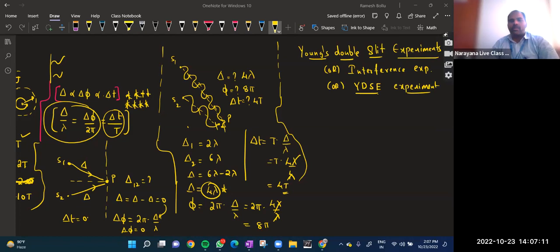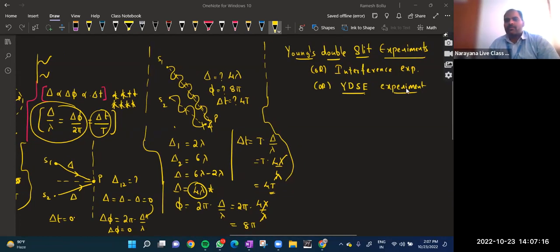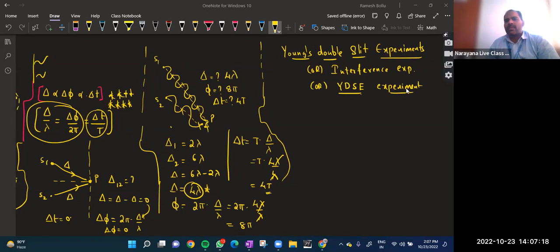First, let me introduce the apparatus. Nothing special is there. Young, a scientist, has taken one cardboard. He made 2 holes, one hole and another hole. These 2 holes act like coherent sources of light. Coherent means they act like sources of the same frequency.